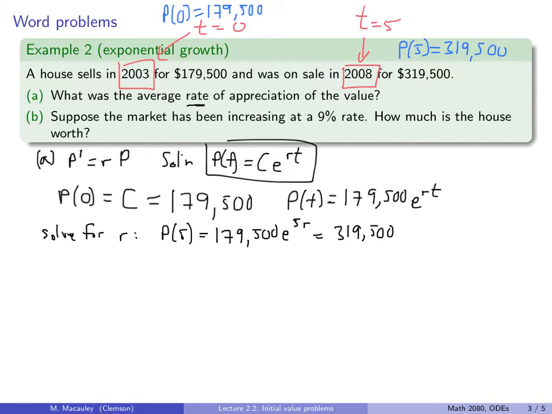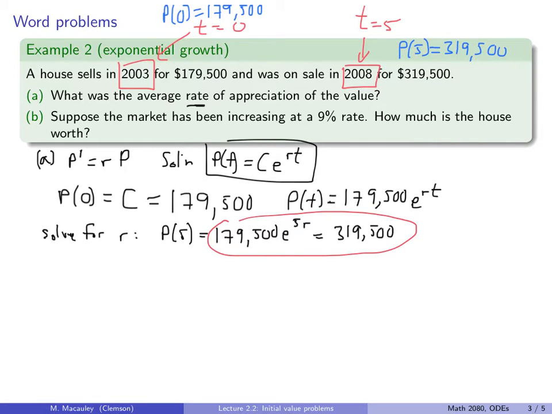So now we have an equation to solve for r. It may look daunting, but it's just something we can do with logarithms.